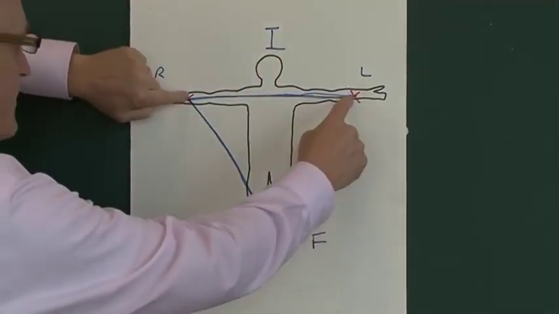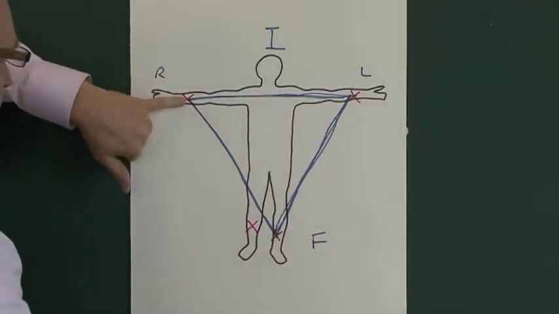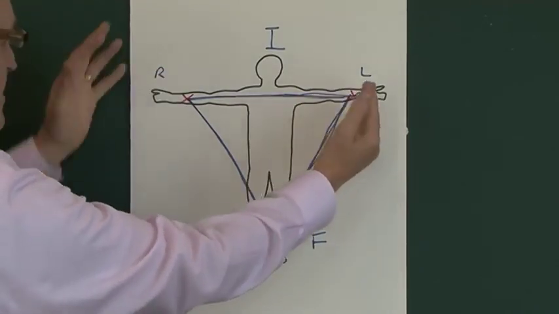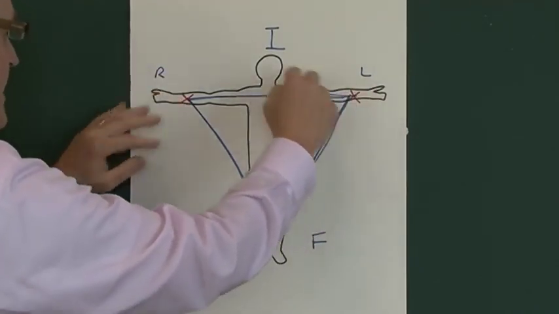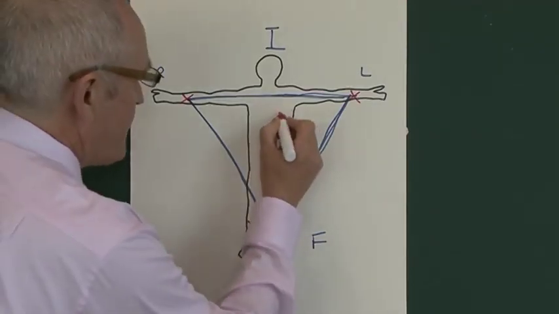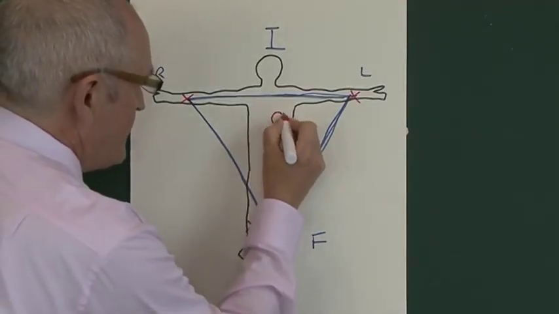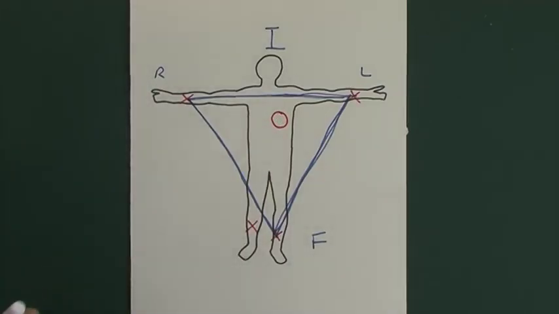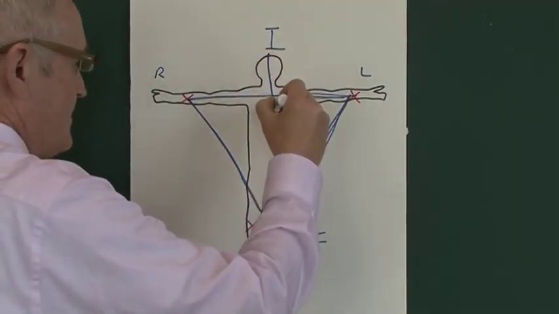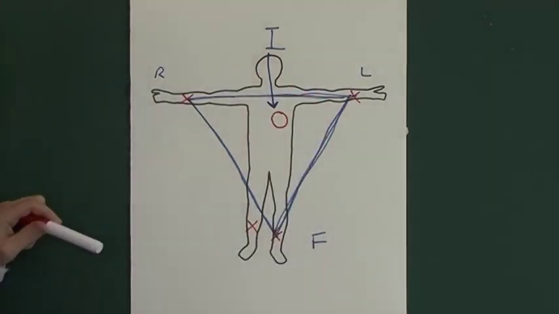There's 2 poles. So information is picked up from there, it's picked up from there, the machine splices this information together and gives us lead 1. And what this actually means is lead 1 is looking at the heart from on top. So if we think that the heart is about here, somewhere around there, then lead 1 is essentially looking at the heart from this direction. It's looking at it from on top. That's lead 1.